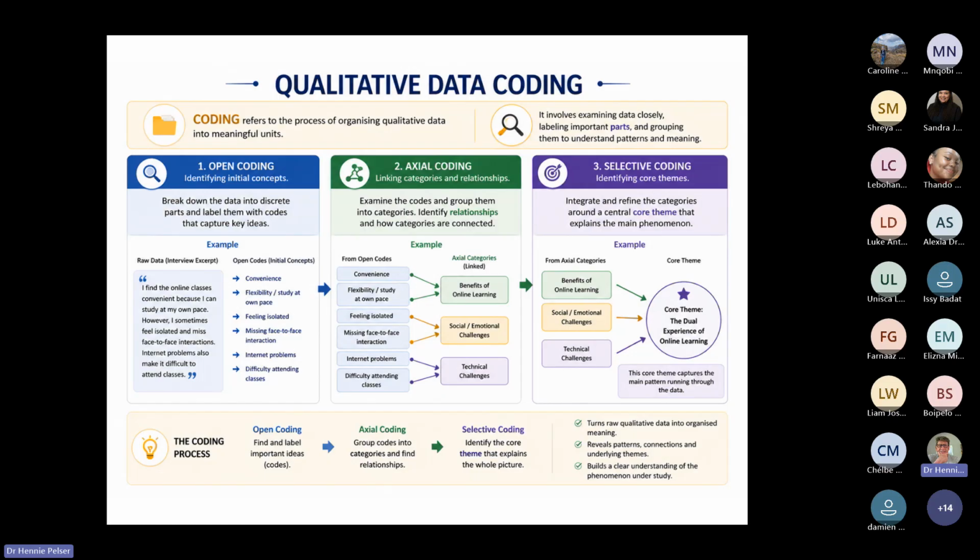Normally, generally, it's about five themes. You can have a few more, but if you end up with 10 or 15 themes, it means that you've not done this kind of transition between your open codes, your axial codes, and your selective codes. Okay. So this is a wonderful, wonderful example.